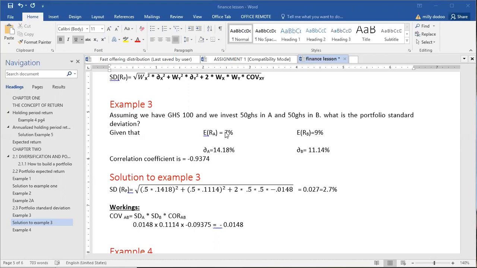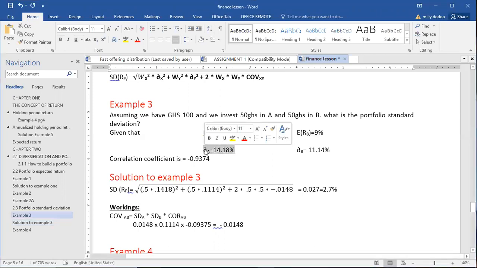Now, what does the standard deviation mean? This 14.18 here means that the likelihood that we are not going to get the 7% is 14.18. So the chance that whenever you pump in one CD into that business, you are going to lose it is 14%.